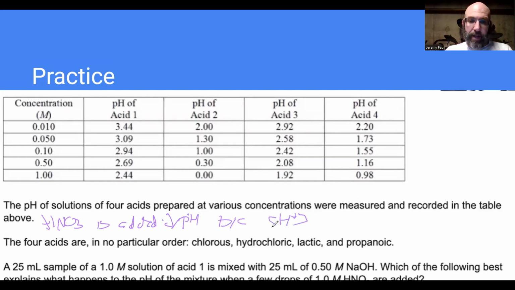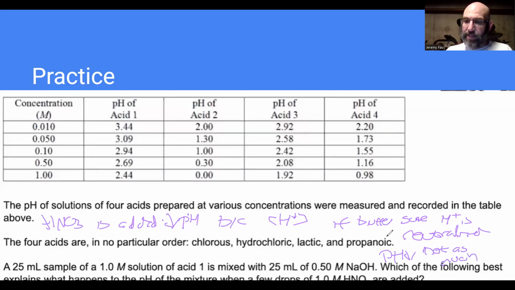Now, if it's a buffer, some of the H plus is neutralized and the pH goes down, but not as much. But this is only true if we're a buffer.